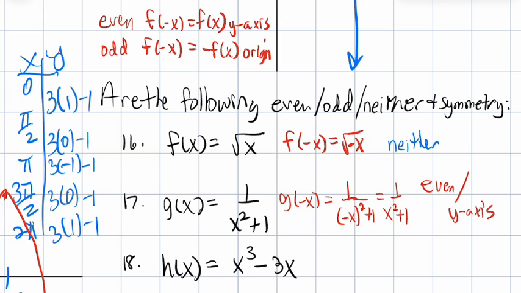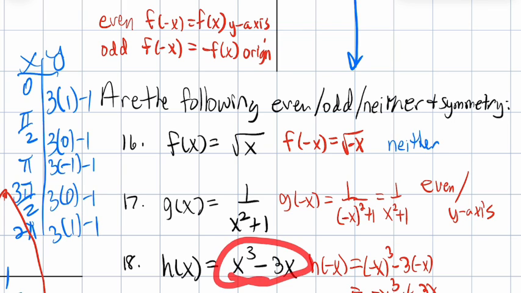We're going to do that same negative x trick for all of these. If we plug negative x into this one, the negative switches the sign of every single term. So you'll notice it is the exact opposite, like we multiplied by -1. So this is a version of an odd function that has origin symmetry.